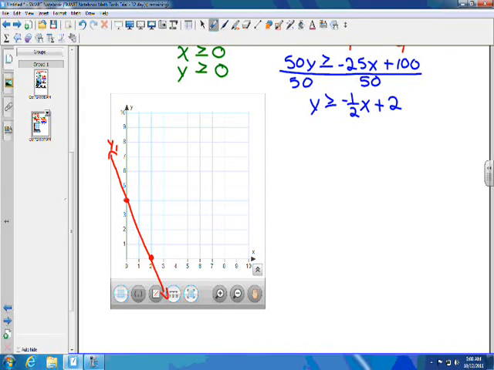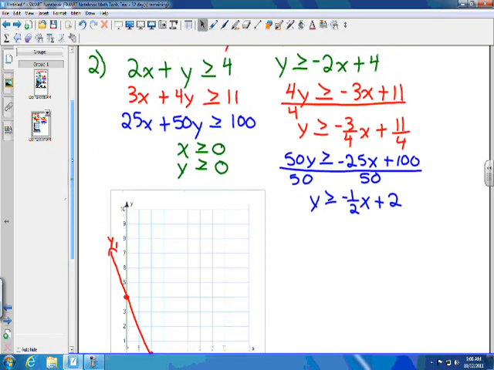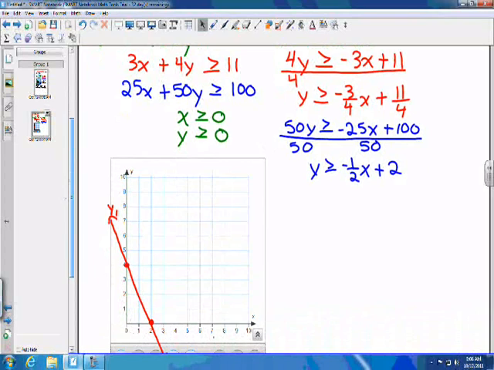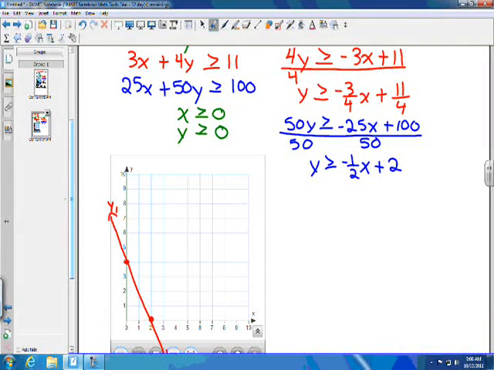So that one is Y1. So for Y2, you could graph 1, 2. It looks like about your best bet would be 3 over 3 and up a half.